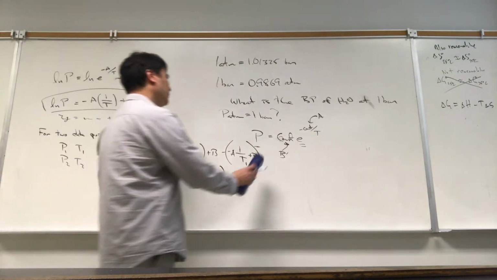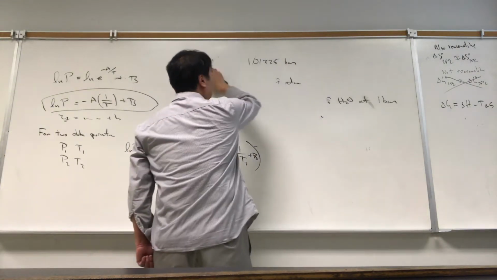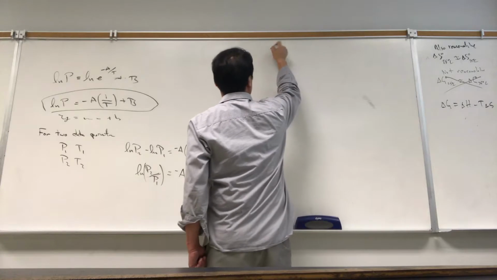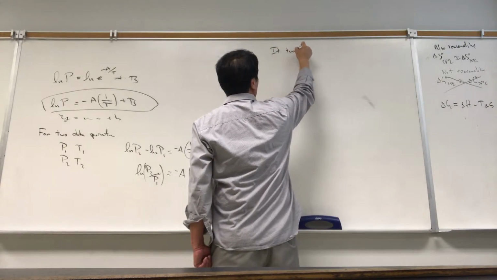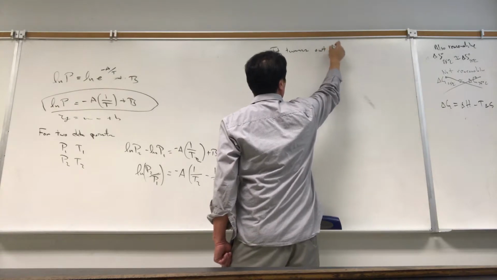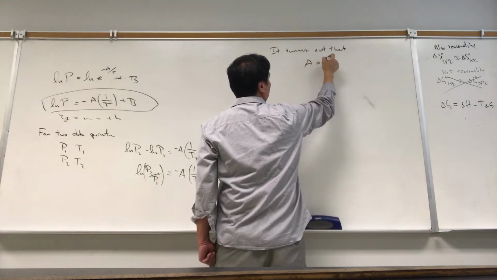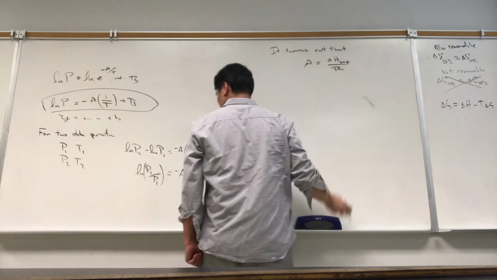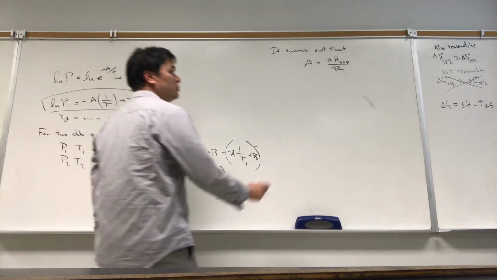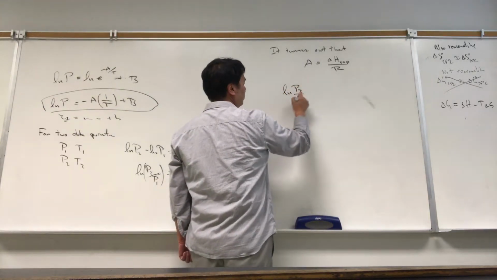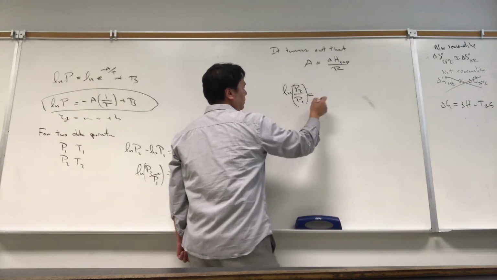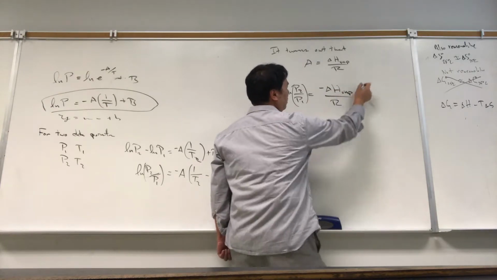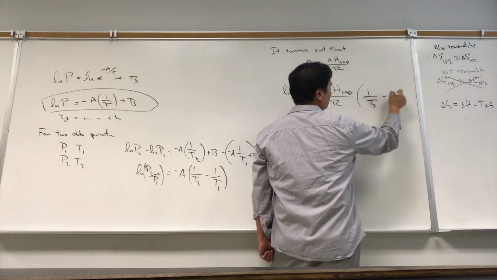When we investigate A further, it turns out A is just equal to delta H of vaporization over R. And so we end up with this equation: ln of P2 over P1 is equal to minus delta H of vaporization over R, times 1 over T2 minus 1 over T1.